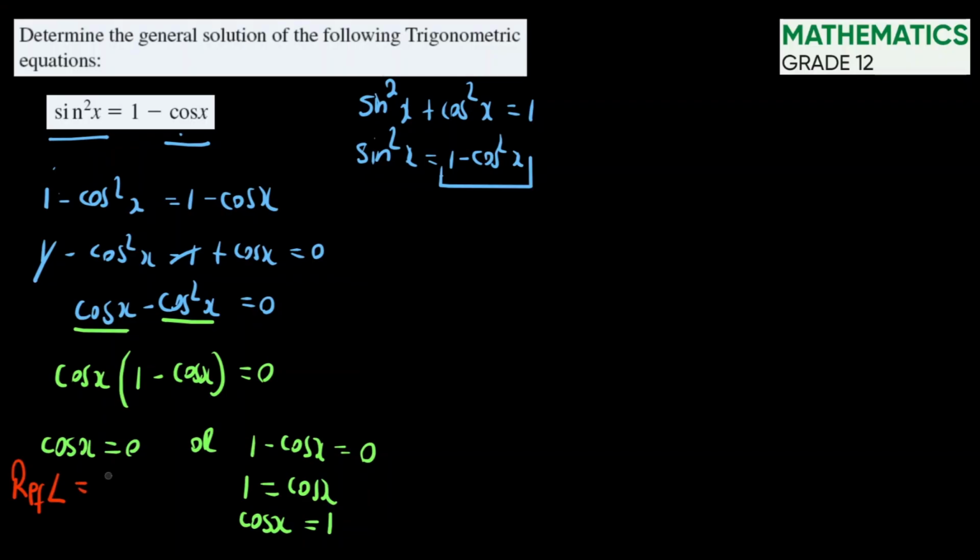Our reference angle is equal to cos inverse of 0, and cos inverse of 0 gives us, punch it in the calculator, 90 degrees, and the reference angle there is cos inverse of 1, which will give us 0 degrees.